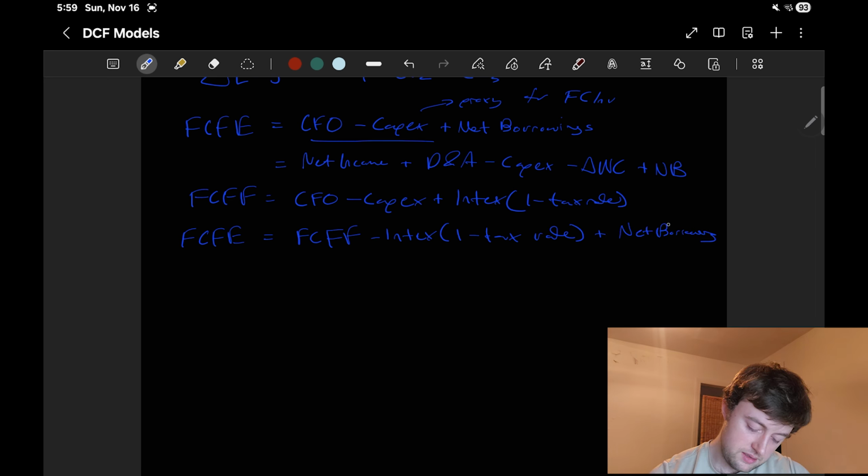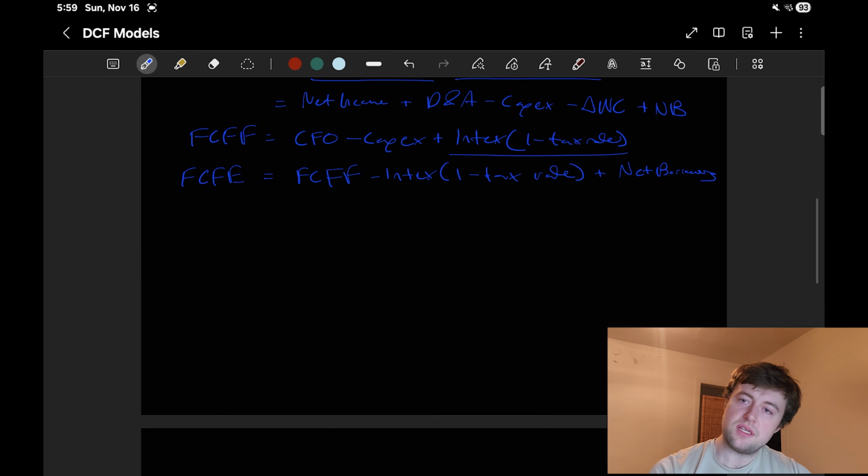As you can see, this follows directly from the differences in the formulas. Free cash flow to equity is basically free cash flow to the firm without the interest expense, but adding the net borrowings. So hopefully these are the most illustrative examples of the equations that you can use for your free cash flow to equity calculations.